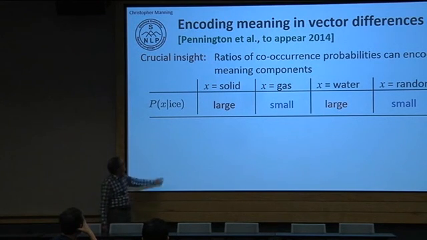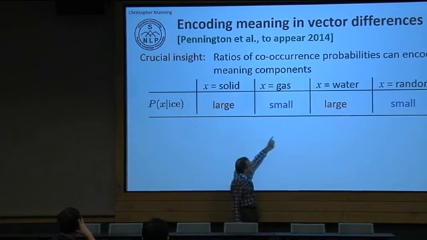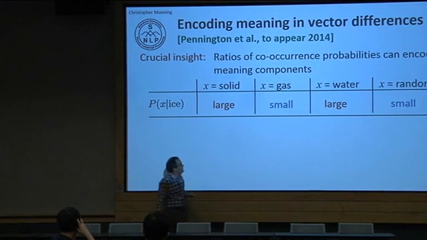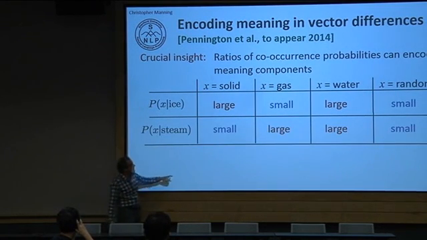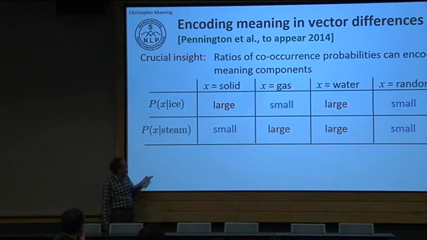And the idea is that if we look at a word and the probability of other words appearing in its context, so for ice we might get large probabilities for both solid and water, whereas for steam we might get large probabilities for gas and water. So the difference between large and small by itself doesn't indicate the difference between ice and steam.